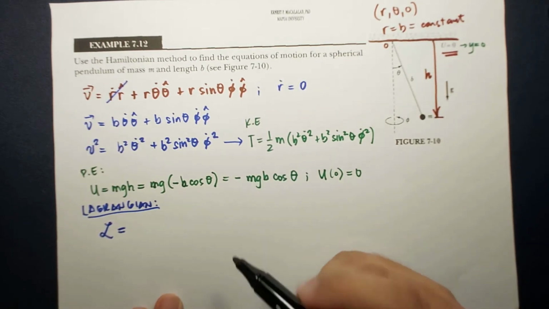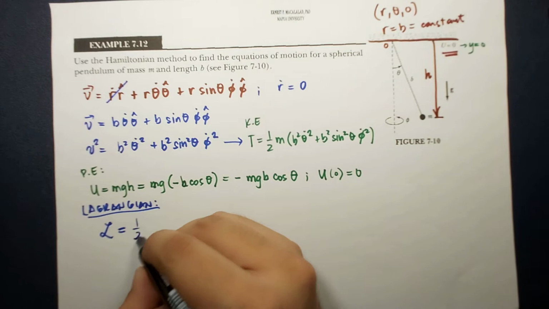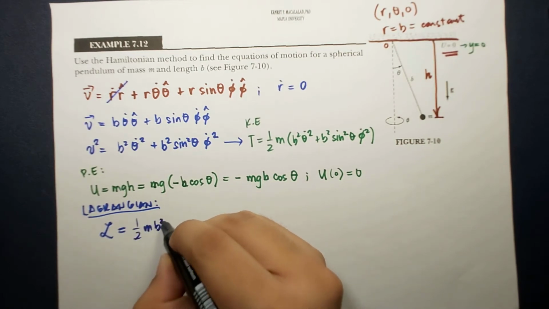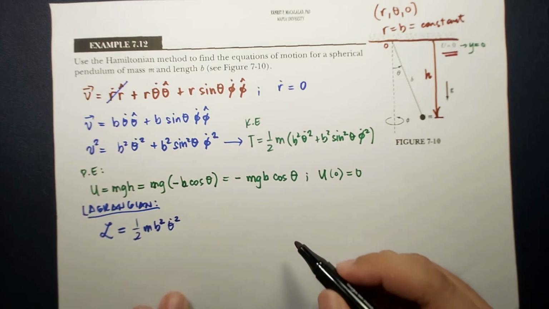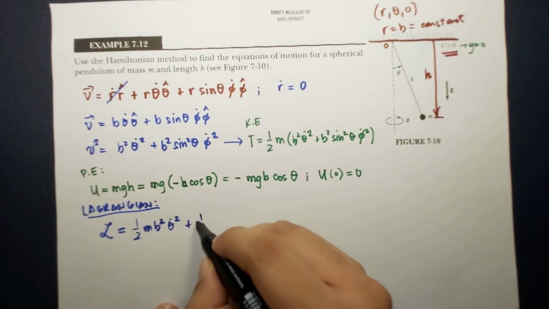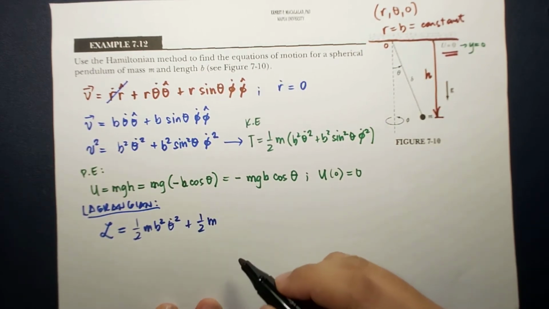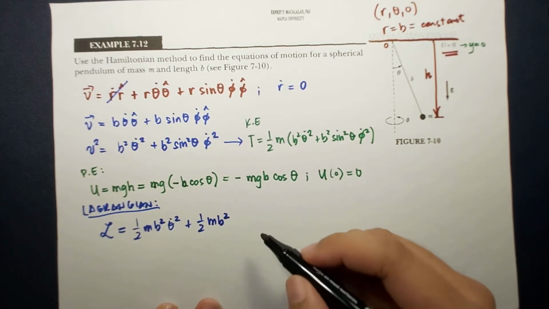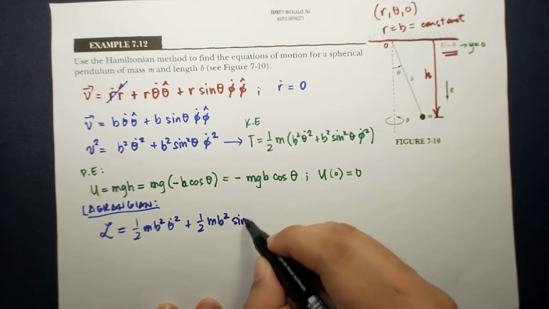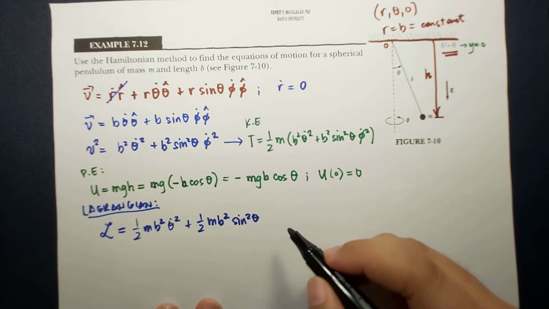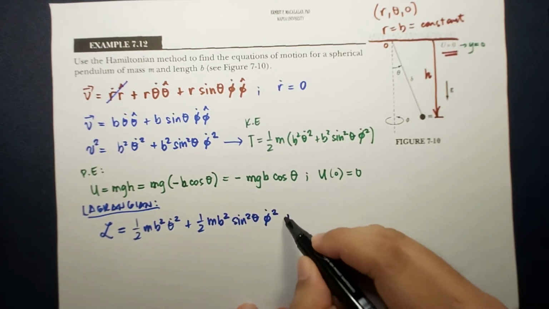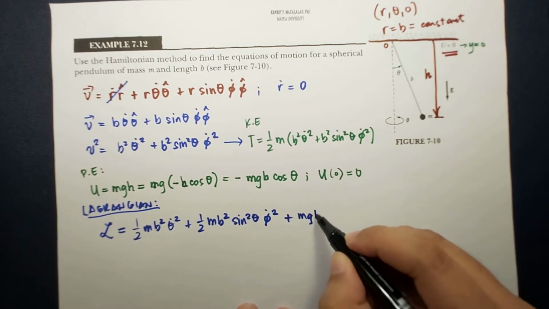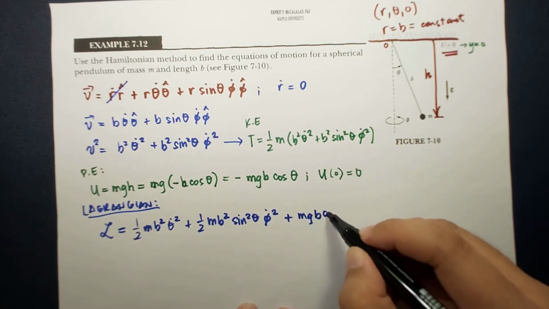So this is 1/2 m b squared theta dot squared plus 1/2 m b squared sine squared theta phi dot squared plus mgb cosine theta.